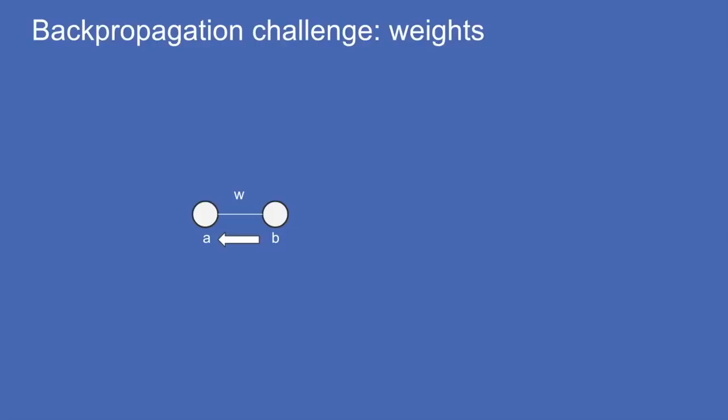Now, in the neural network that we've created, there are several operations we have to do backpropagation through. For each one of those, we have to be able to calculate the slope.